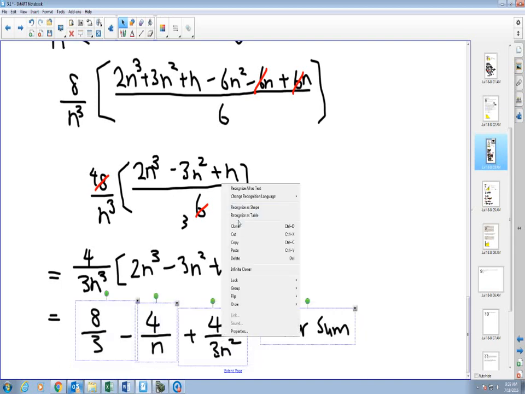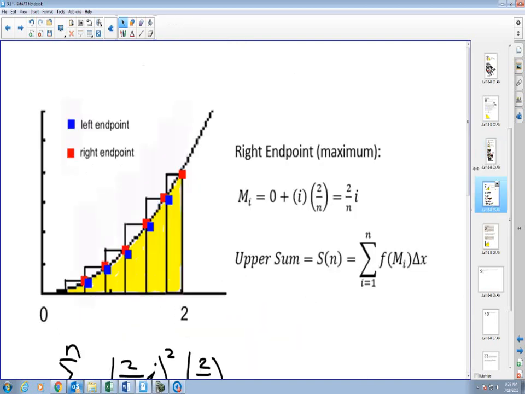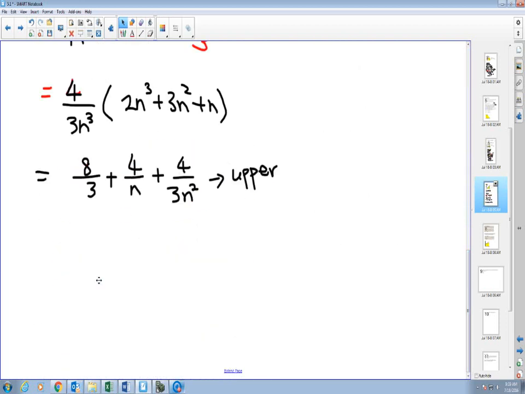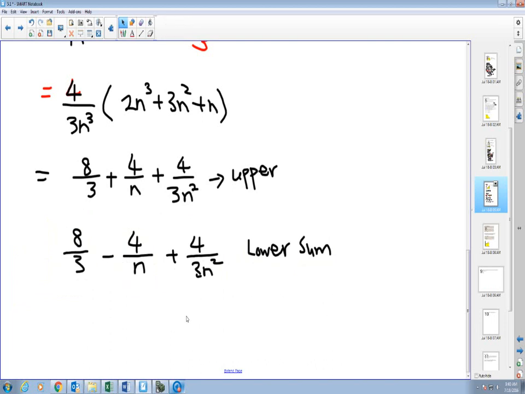So imagine if I increase my subintervals, if I increase my subinterval n as many as I can, as n approaches infinity, as the number of subintervals increases, both your upper sum and your lower sum will actually be the same.